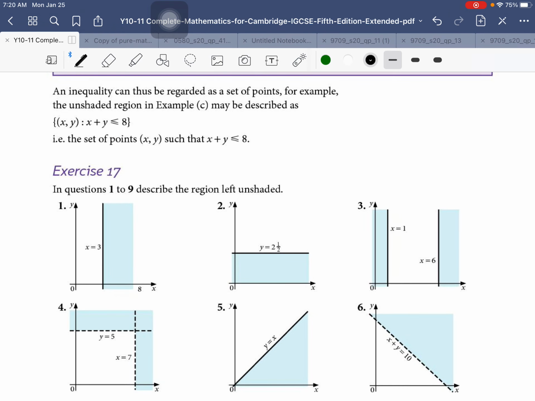Describe the region left unshaded. So in this question number 1, the blue one is the shaded area on the right side of this line, and this one is the unshaded area. So it says describe the area which is unshaded, the left side of this vertical line, x equal to 3.